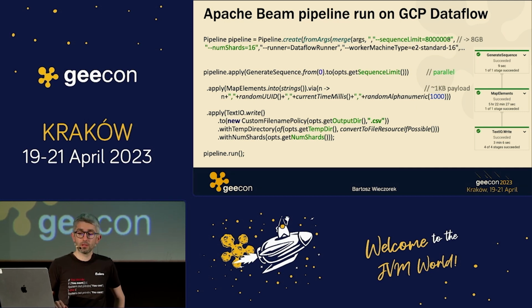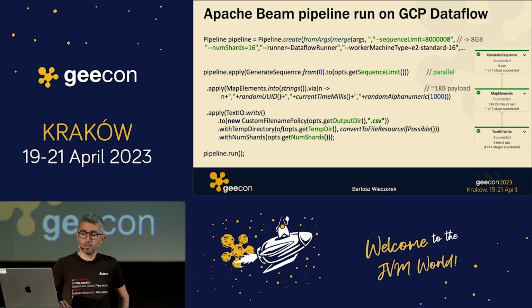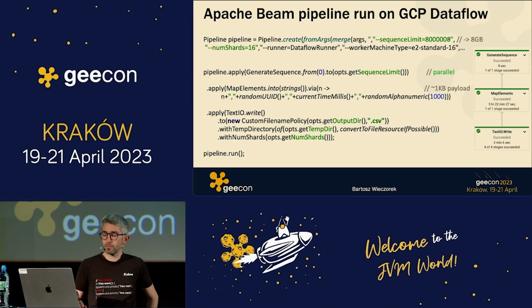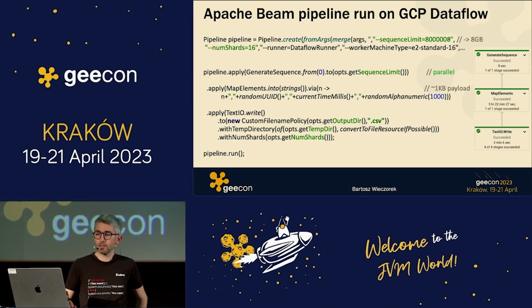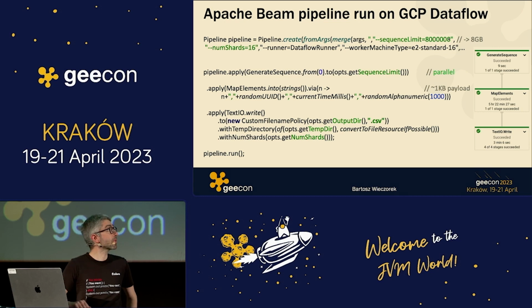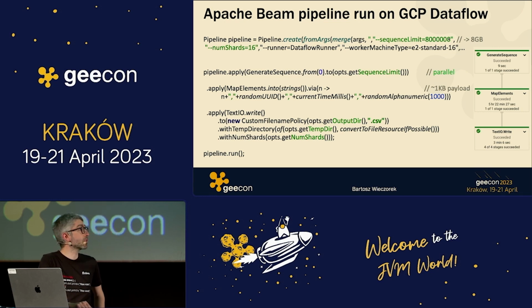So if we add 5 machines, all these 5 machines will be receiving the data in parallel. And it's really fast. You can configure the speed of sending the elements and many other options that I will present later. At this point, we have a source that mimics processing if we receive the data from PubSub or from Kafka.